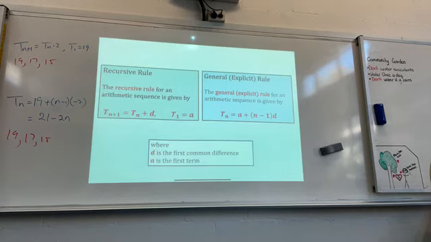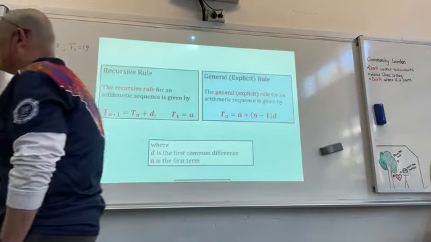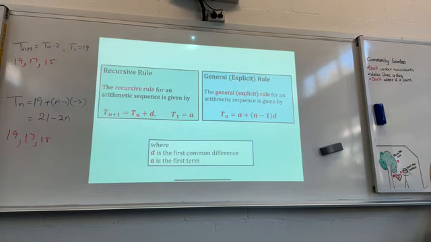Next. Just a summary. I've shown you how to write a recursive rule from a sequence. And from the recursive rule, or even from the sequence itself, you should be able to generate the general rule. So the main thing for you to know is recursive rule, you must always specify the first term.